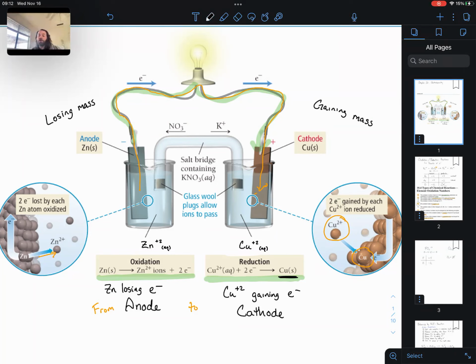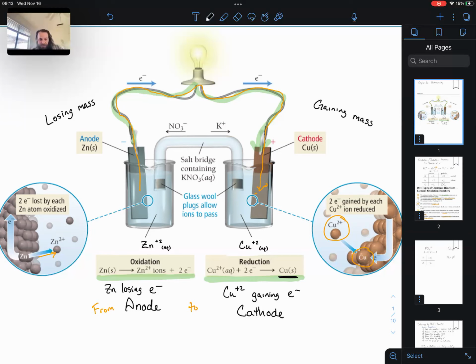Okay, so this is one reason, and we'll talk about rechargeable batteries. That's a whole different ball game. But this is one reason why many of the batteries that we experience, if you just think about the batteries in the back of your TV remote, for example, they have a set lifespan, right? That's because eventually your anode will be degraded by the process of losing this mass, and your cathode ends up gaining all that mass.